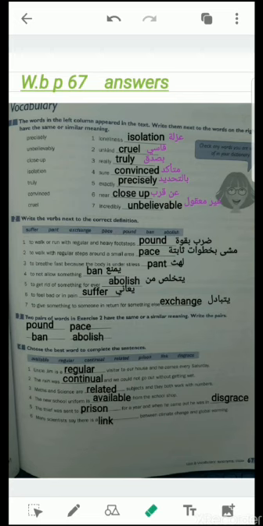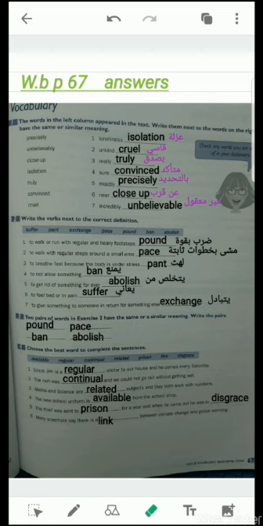Number 3, to breathe fast because the body is under stress. So we have pant, يلهث. To not allow something, not allow, أي لا يسمح.